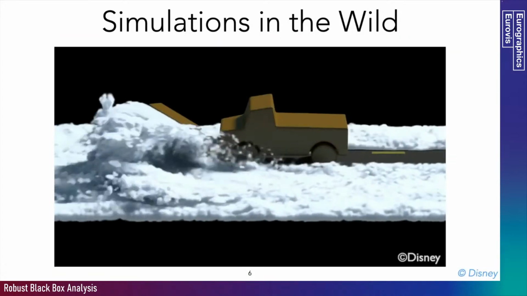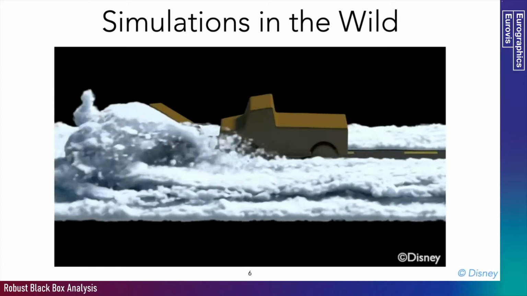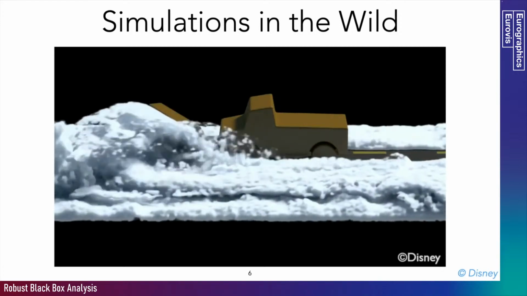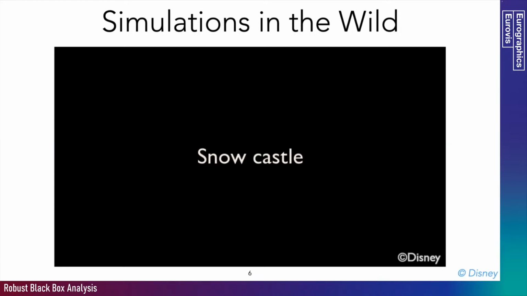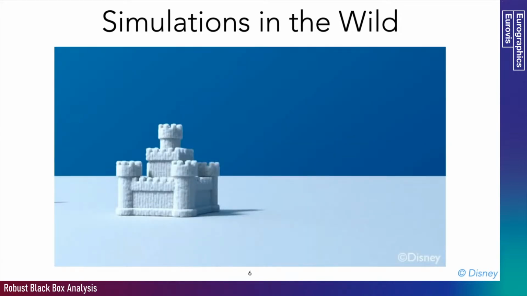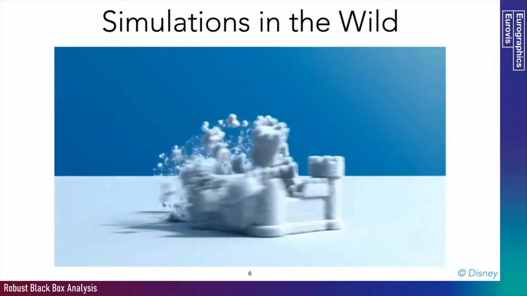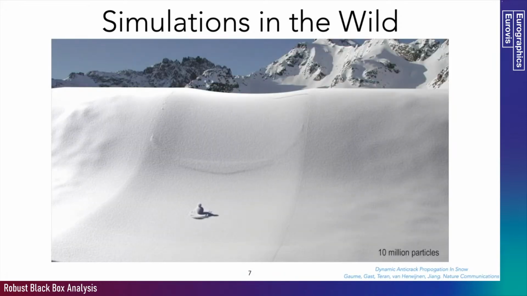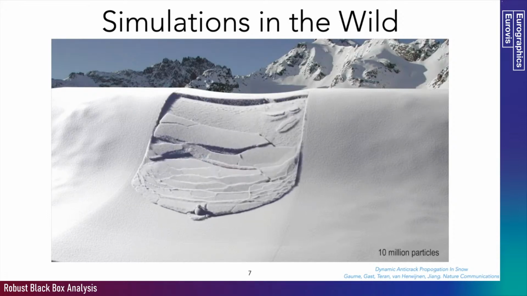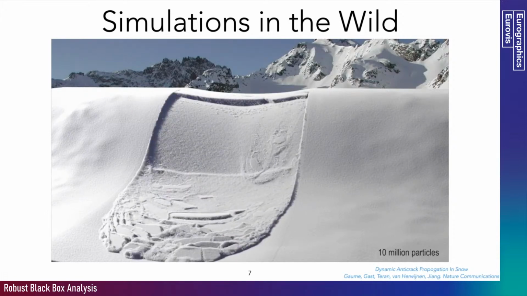In graphics, we are used to using simulation, for example, to simulate how snow moves and how it interacts with other objects. Another application of snow simulation is for predicting possible disasters.